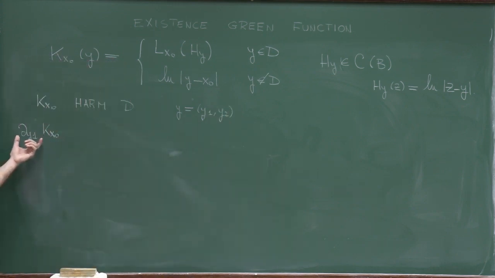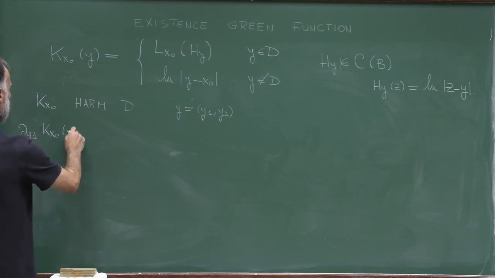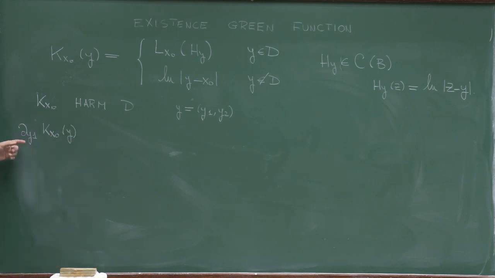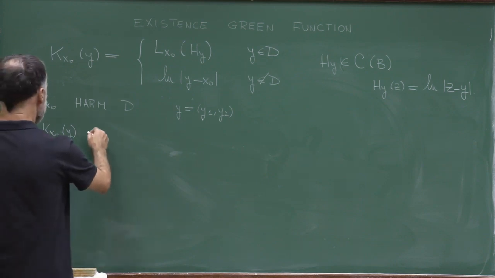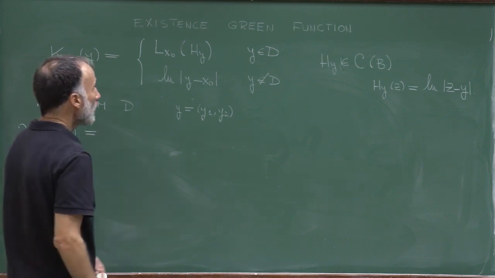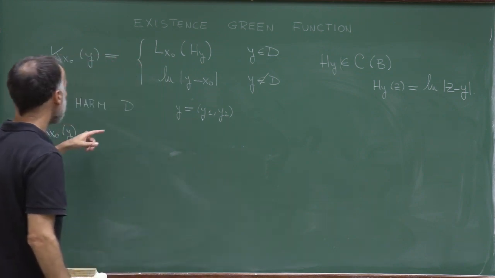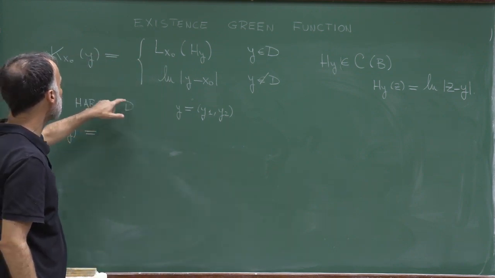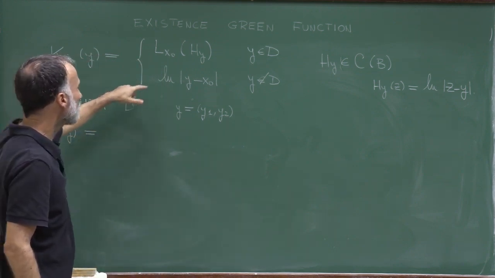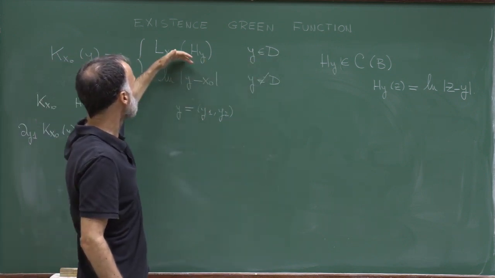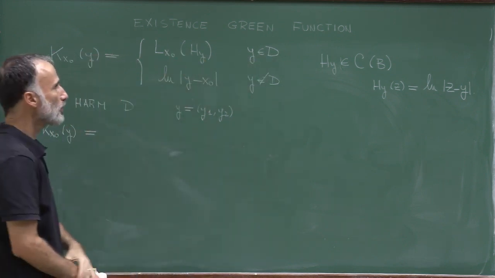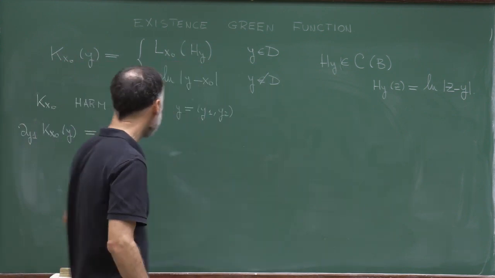And I want to compute the derivative with respect to the first coordinate of k x0. I'm interested in proving that it's harmonic on D, so we will be working with y in D. And for y in D, we have this formula for the function, where hy, remember, is given by that.